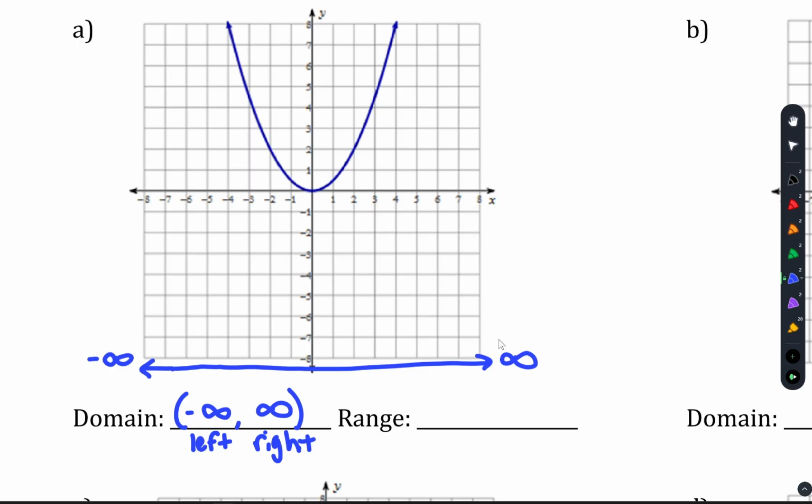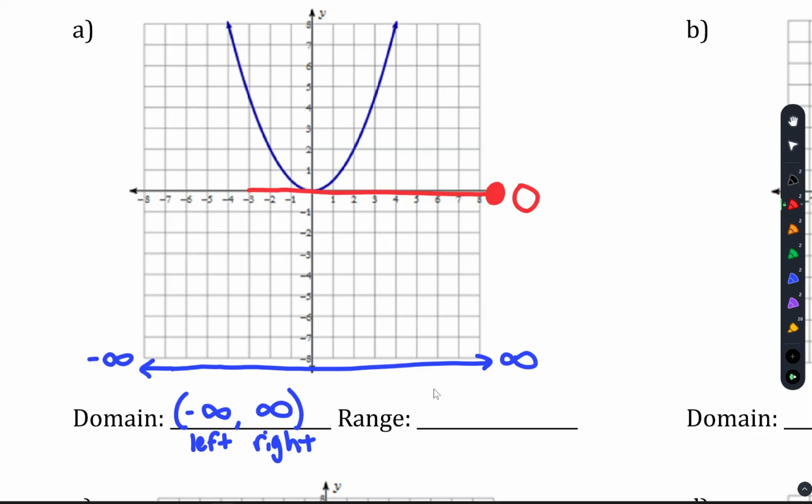Okay, now I'm going to talk about range. And when I start talking about restrictions here, I'm going to start drawing in walls to show where the lowest it can go and the highest it can go are. So the lowest, because I always want to start least to greatest, the lowest it can go is 0. Does it actually touch 0 on my graph? Yeah. So we want to include 0 in my interval notation.